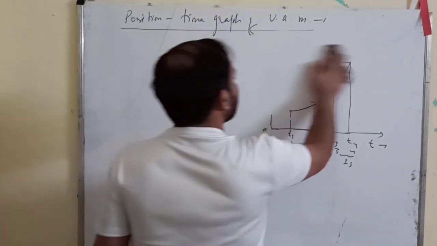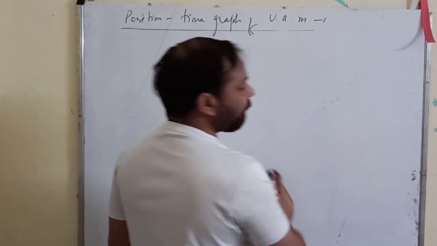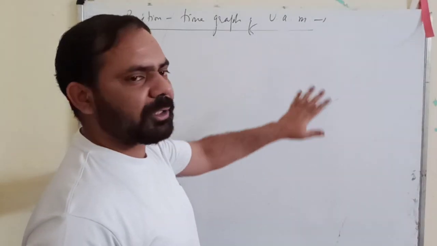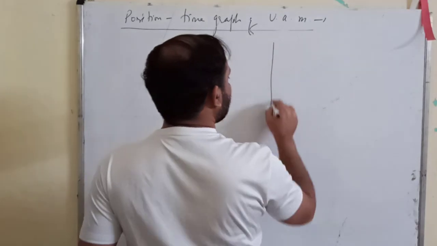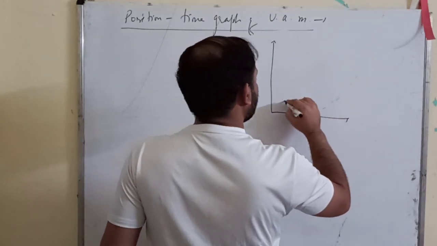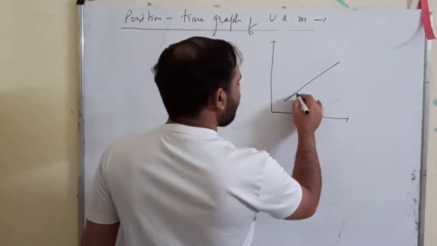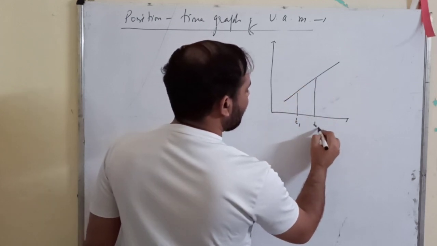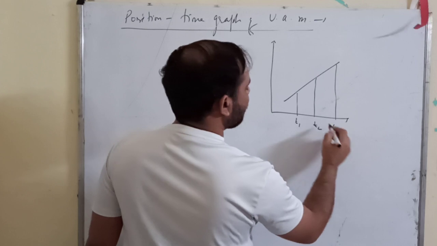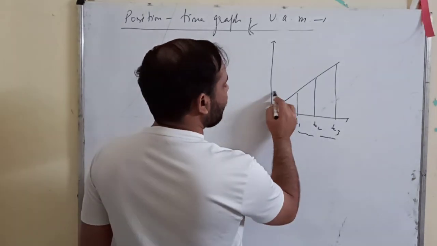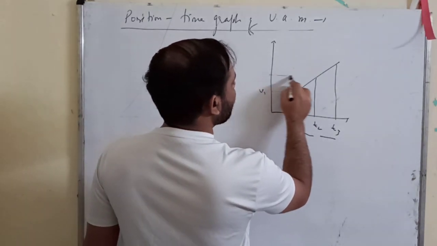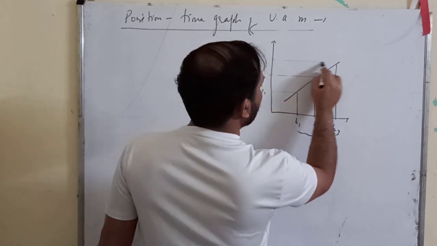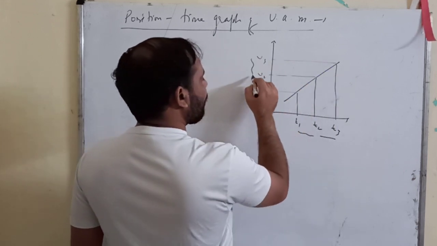Now, what will be your velocity time graph for uniformly accelerated motion? This was the position time graph. The velocity time graph will be a straight line, because suppose T1, T2 and T3 are equal intervals of time, with velocities V1, V2 and V3.